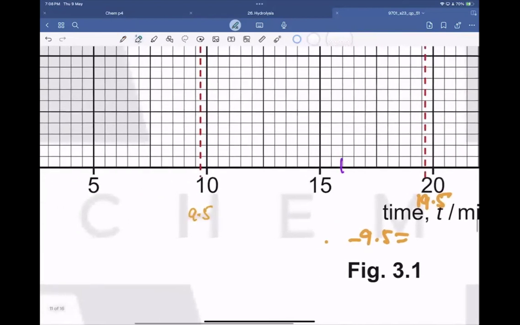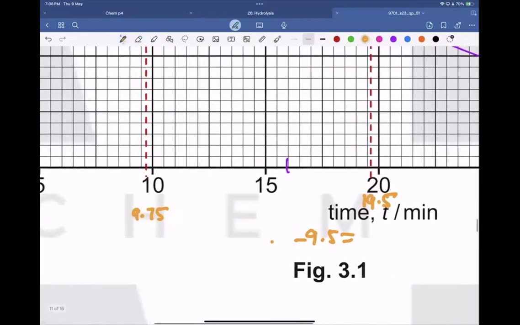No, 1 minute. There are two boxes. So here, if you see, it's 9.75. And over here, if you see, it's 19.60. So 19.60 minus 9.75.